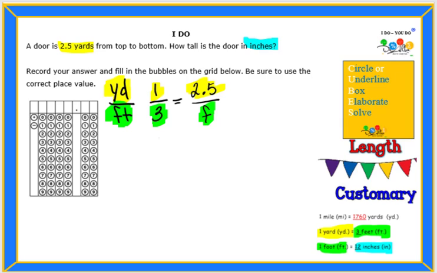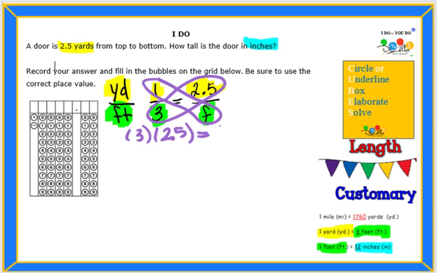So now we're going to do our cross products. We're going to do 3 times 2.5 is equivalent to 1F.